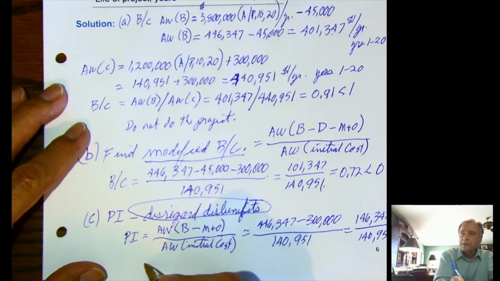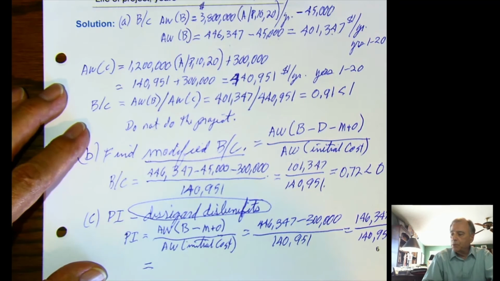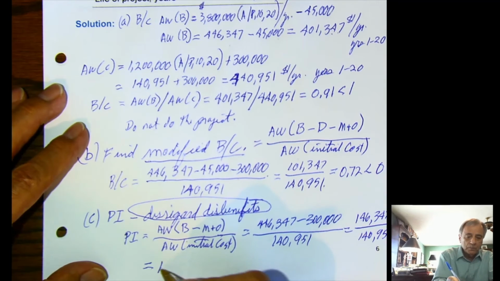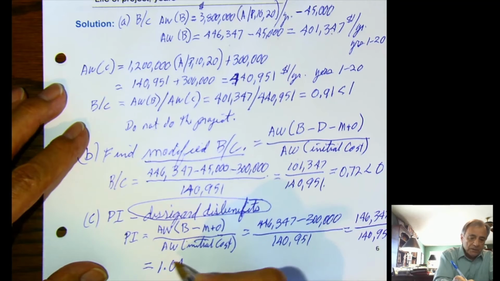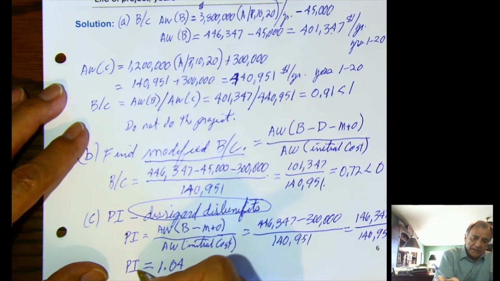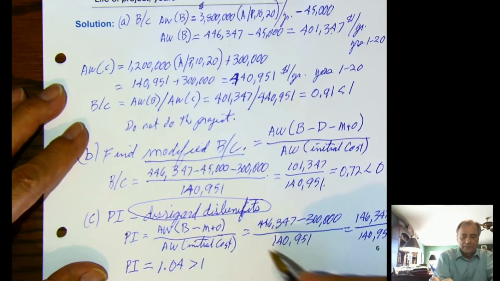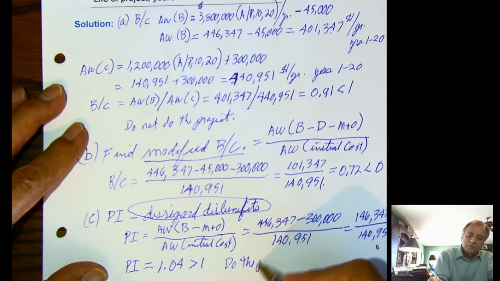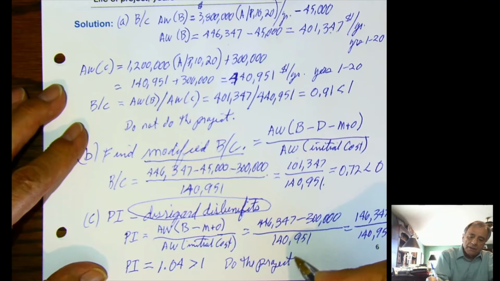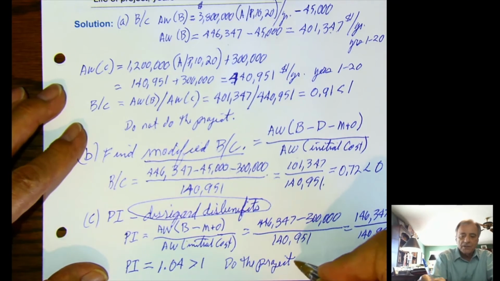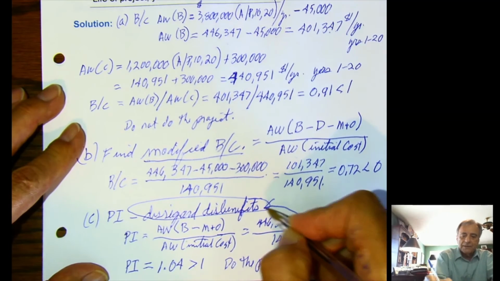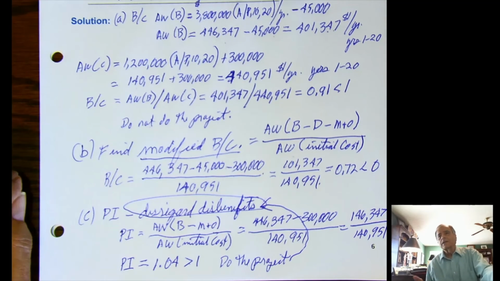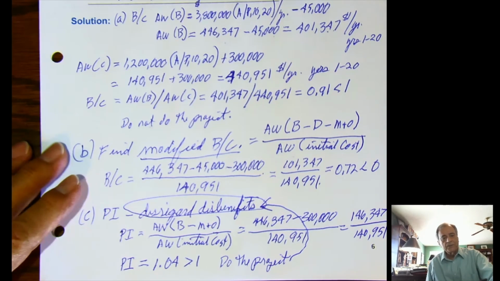In fact, it's equal to 1.04. So since the profitability index is greater than 1, this says do the project. Of course, the reason we're doing it is because we're not considering the disbenefits, and that's the difference in that.